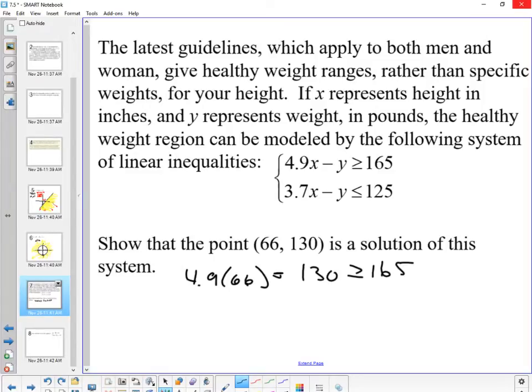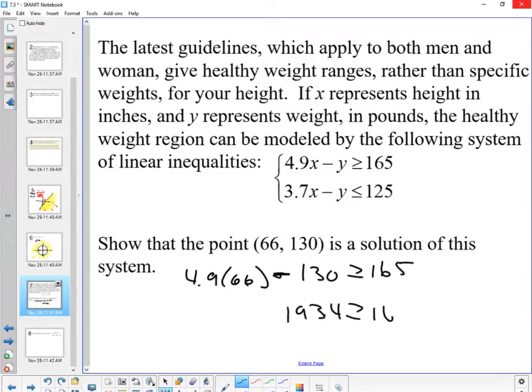Oh, wait a minute. You're subtracting 4.9 times 66 minus 130. Holy smokes. So this ends up being 193.4.